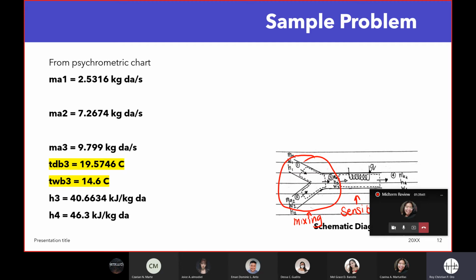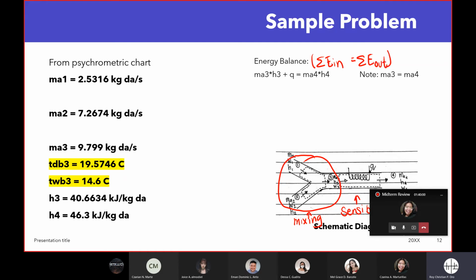To get the heating that is done, we must have an energy balance. The energy balance is shown by this one: the summation of energy going in is equal to the summation of energy going out.